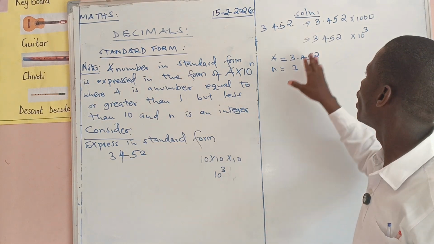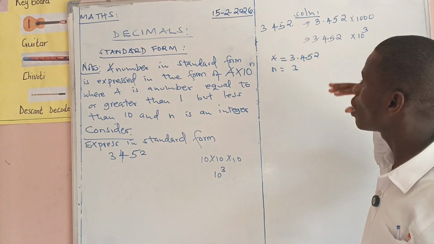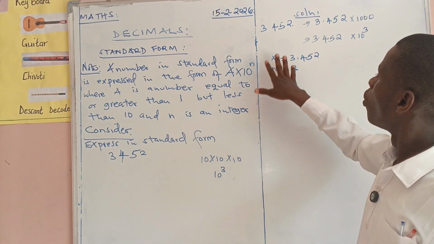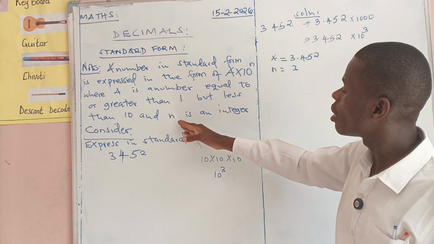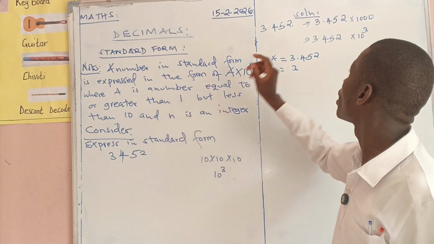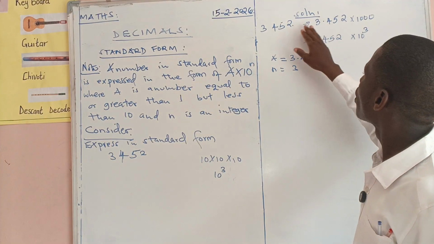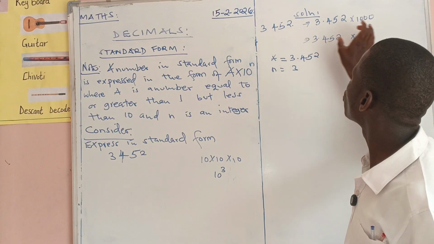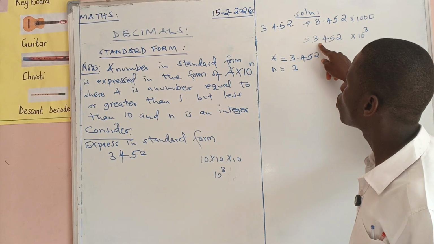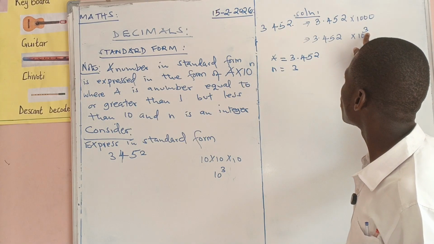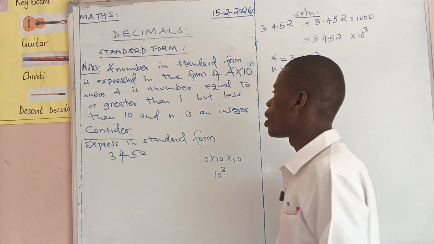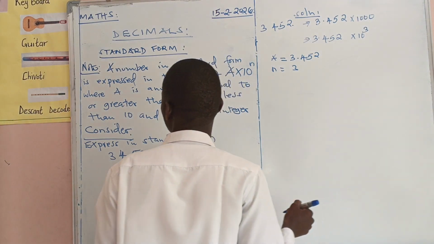Why? The number here should be less than 10 and greater than 1. 3.452 times 10 raised to the power 3 was 3,452. So A is 3.452 and our N here is 3. So you see, 3 is a positive number. That is one thing you have to understand.